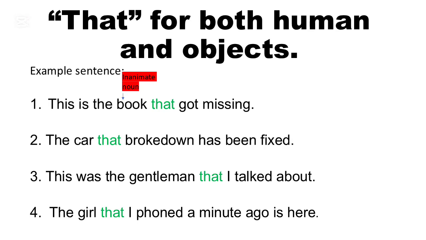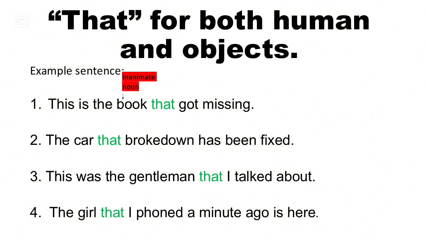Let's jump to sentence 4. The girl that I phoned a minute ago is here. The girl is a human entity, and so we can use that to refer to it. The same thing applies to 3.